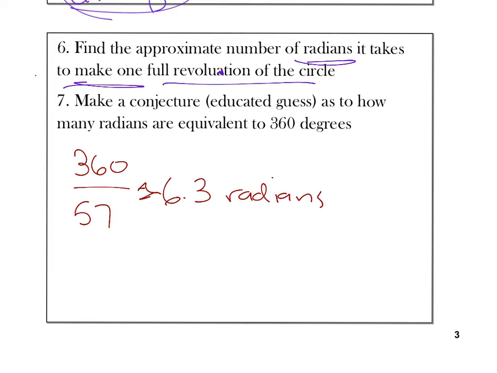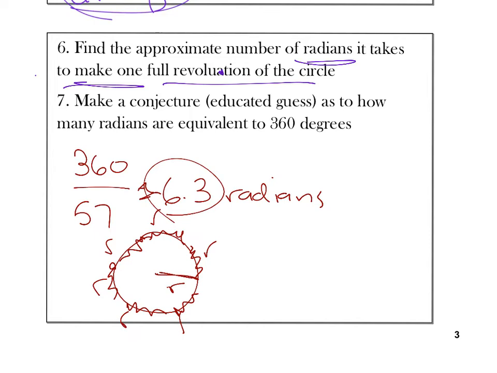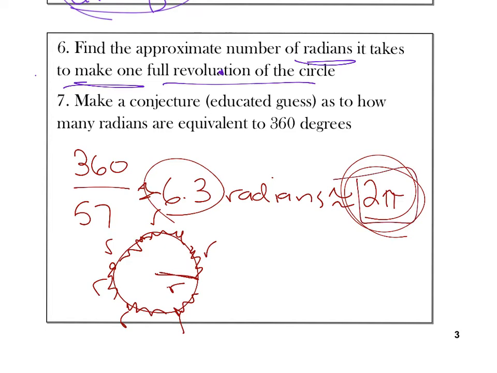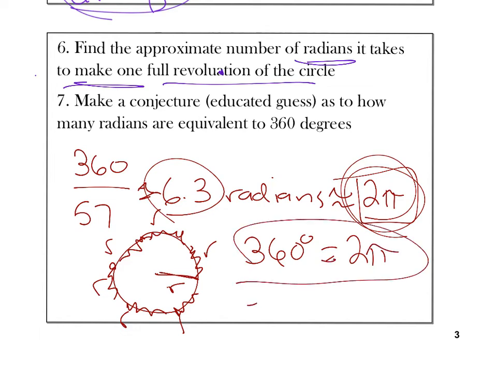So if you take your circle, that's your length R. If you go R, R, R, all the way around, you will have a little bit more than 6 radians. The big idea is that that's approximately going to be 2 pi. So 2 pi is going to become important here, so you're going to want to remember that. 360 degrees is going to be equivalent to 2 pi.